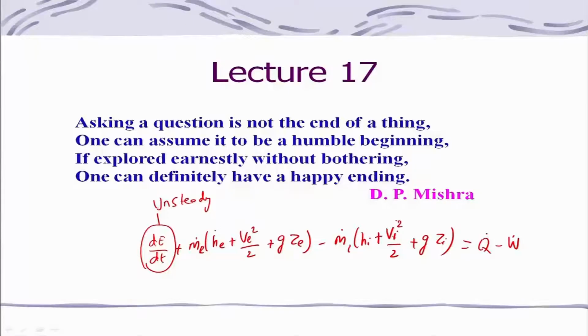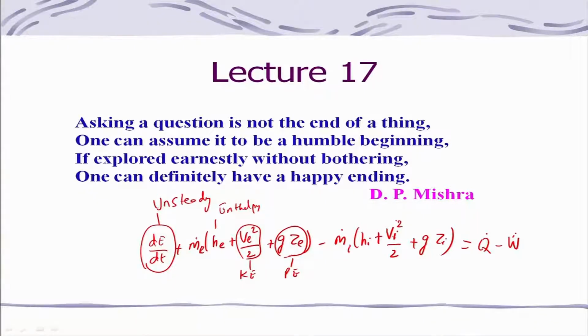This is your enthalpy, this is the kinetic energy term, and this is your potential energy term. Similarly, this is about the exit and this is about the inlet: the enthalpy, kinetic energy and potential energy. This is your heat interaction, and this is your work interaction.